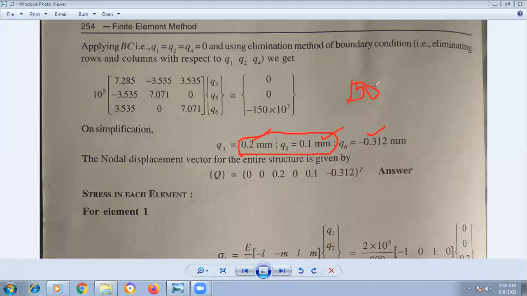1 Newton, how much kg is it? You're online, Ilva. What is 1 Newton equal to?